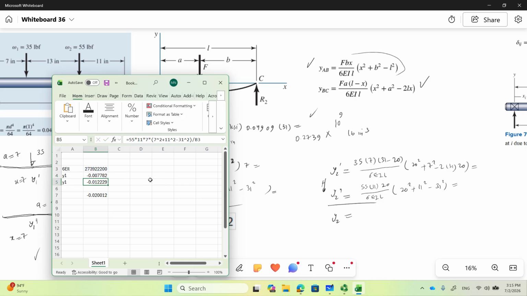Alright, so this is what I got for this guy, 55, 11, then 20, then inside you have 20 squared, then you have 11 squared minus 31 squared. Okay, 55, 11, 20. Alright, so they add up. You see, this is now y2 prime, and y2 double prime. You add them to each other, you get this guy.